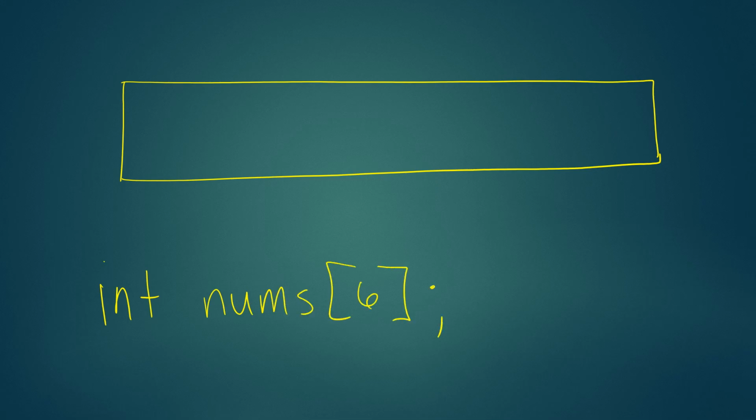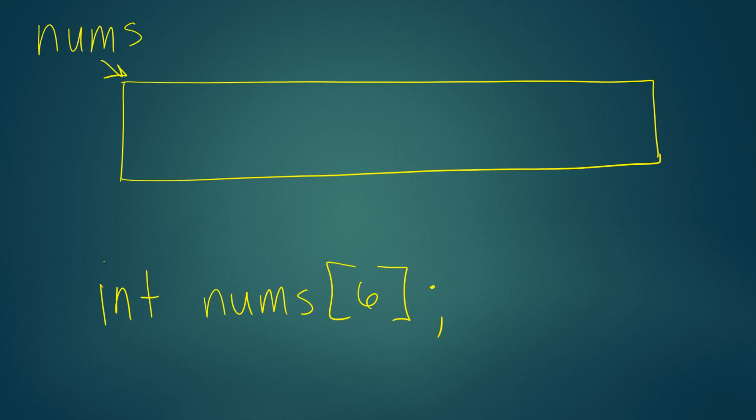All right, let's do some more visuals on arrays. So here is my array. I've declared this array called nums, an int array of size 6. This is nums.